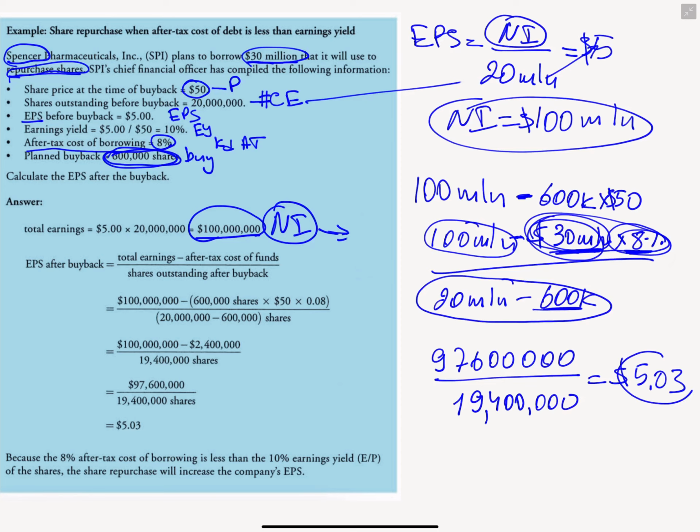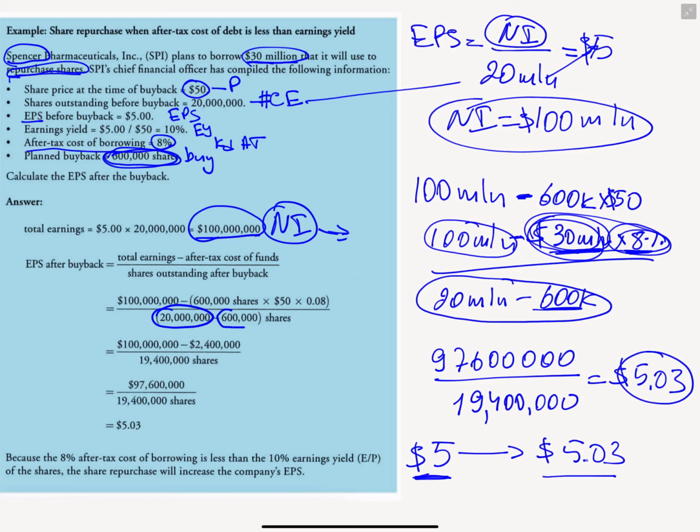So earning per share before buyback was $5. After buyback it is $5.03. After buyback earning per share is higher, and this has a positive effect on the shareholders who don't sell their shares, because before your share earned $5. For example, here we have 20 million shares.